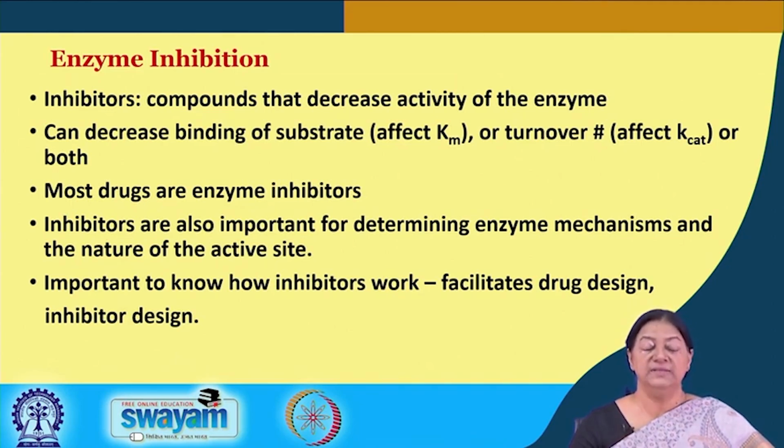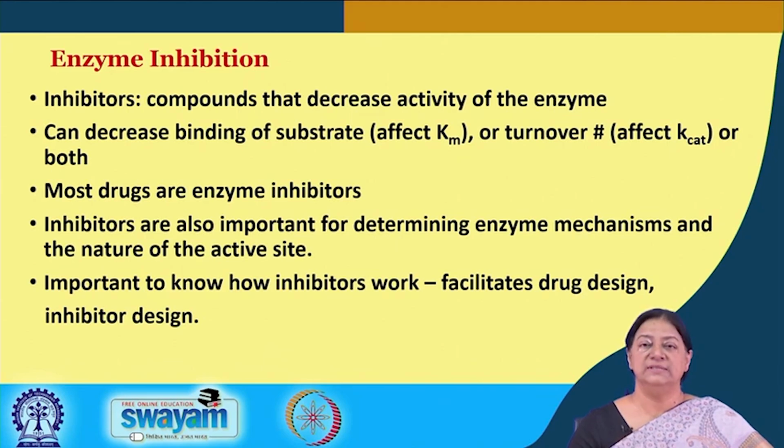They can do this by decreasing the binding of the substrate, because we know that if the enzyme has to have a catalytic reaction go on, then the enzyme has to bind the substrate to its active site. If the enzyme is damaged in any way, it cannot bind the substrate.